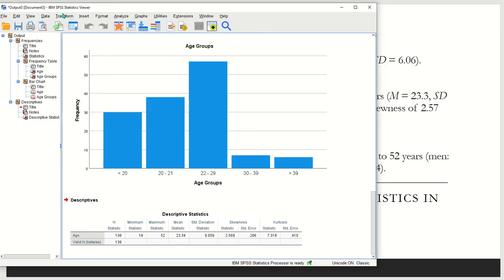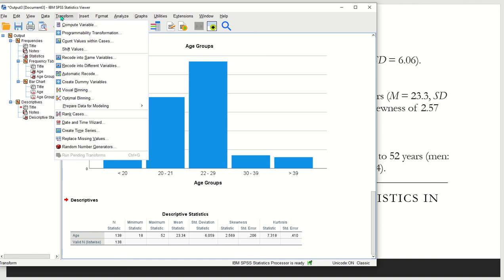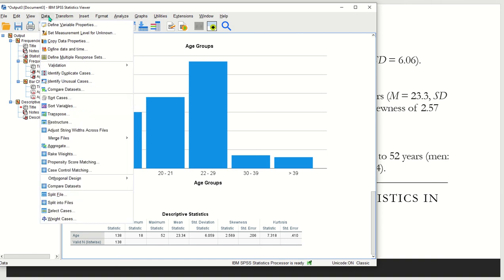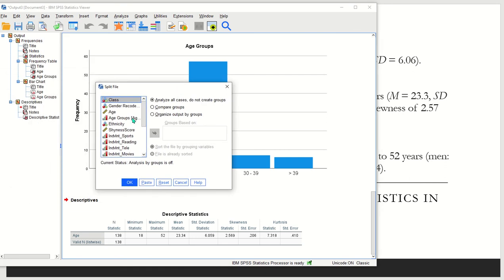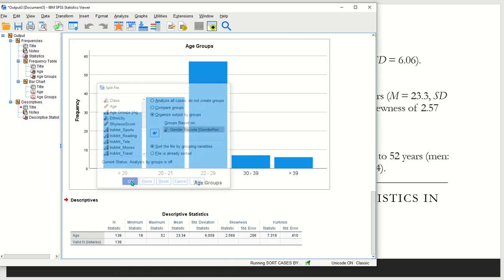would be you go to Data, all the way down here, Split File, find Gender. You want to organize the output by groups, put the gender in there, and hit OK.